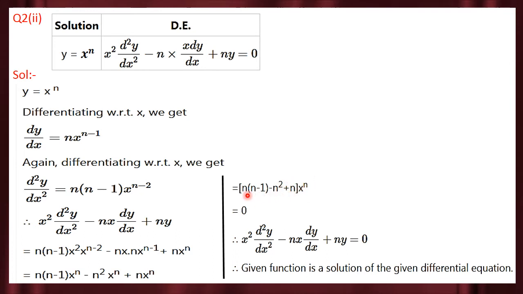And after simplification we will get the bracket part as 0, because n into n minus 1 is n square minus n, and n square minus n square is 0, minus n plus n also 0. So we are getting the right hand side as 0. So the given function is a solution of the given differential equation.